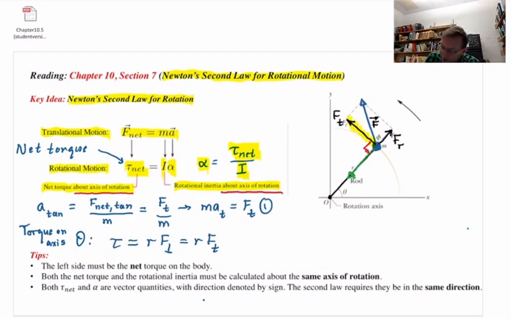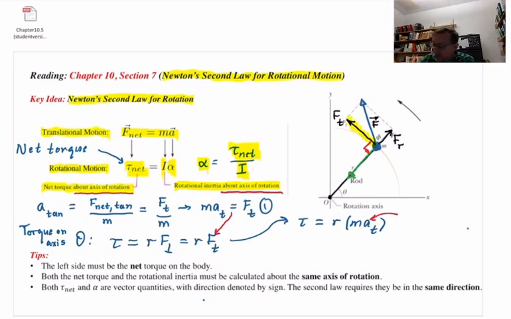Now I'm going to substitute for F tangential from equation 1, right there in the torque equation. Okay, let's see what we get. Let's continue with the calculation over here. So the torque on the disk about point O is r times F tangential, which is mass times tangential linear acceleration. Now I need another idea from a little earlier in chapter 10, relating linear kinematic variables to rotational kinematic variables.